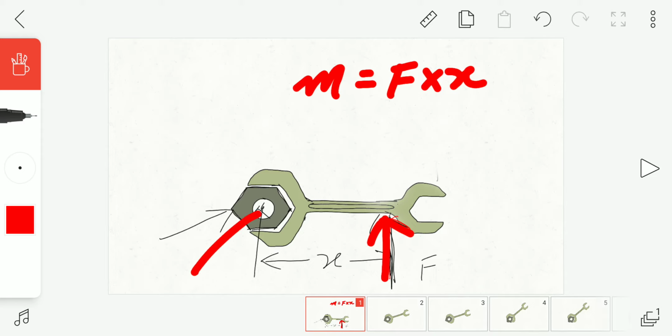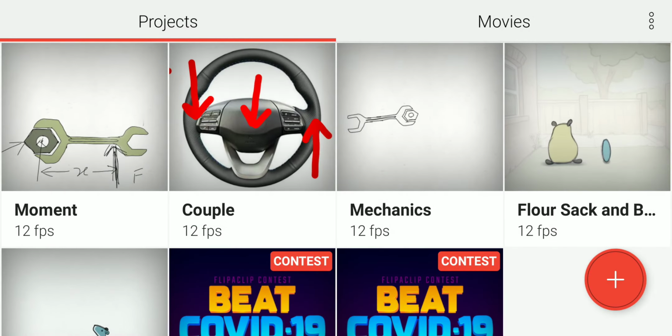This is the point where the moment is required, and this is the distance between that point and the line of action of force, right? This will give the intensity of the moment. This is nothing but the rotational effect caused by a single force.